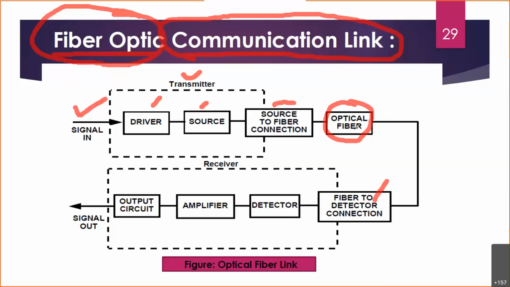Important is that this medium has to be connected with the transmitter as well as the receiver with the help of connectors. The medium is the optical fiber. In the receiver also there are some components: detector, amplifier, output circuit. It may be more also, but I have highlighted a few important ones. And then finally you take out your signal.